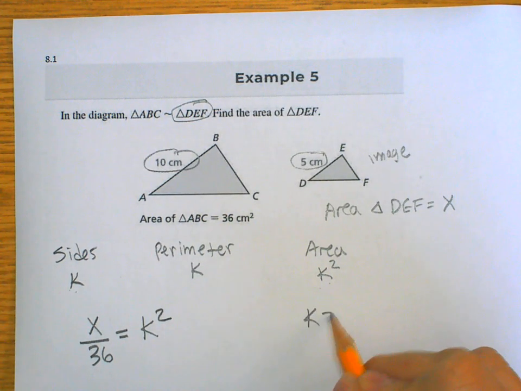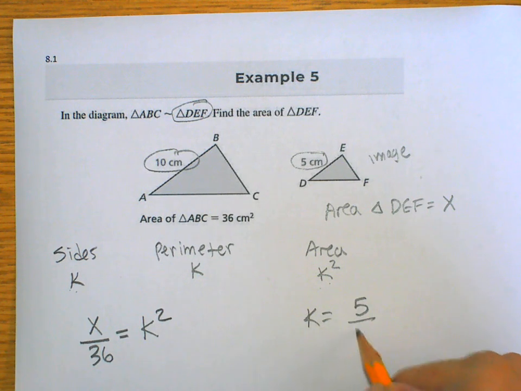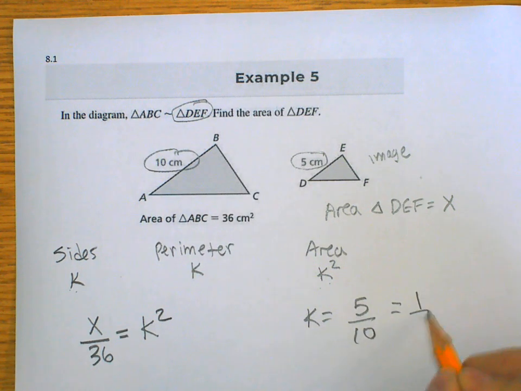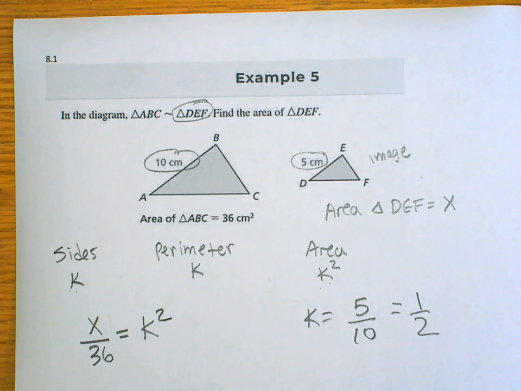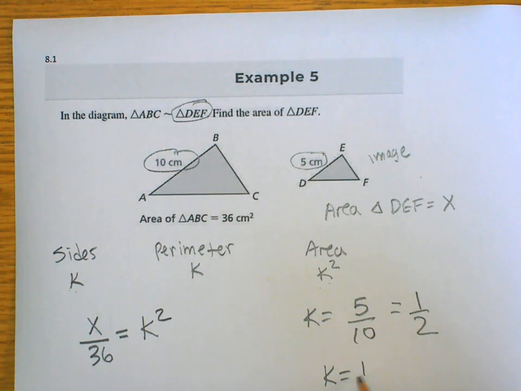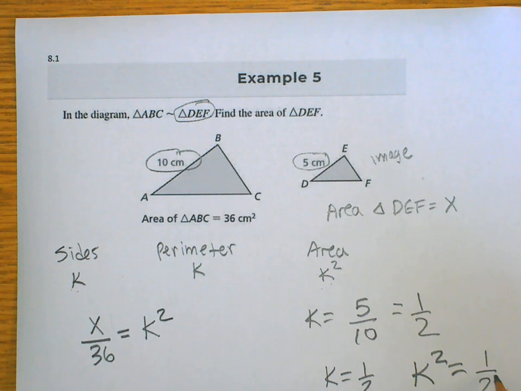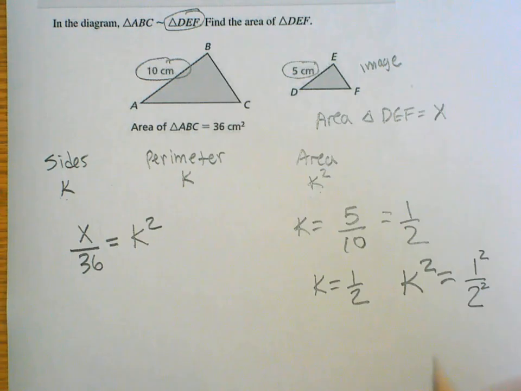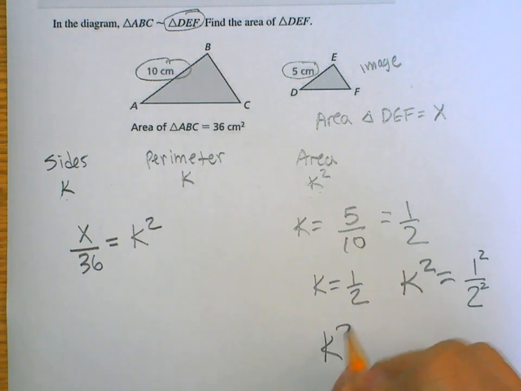So K is going to be 5 to 10, which reduces to 1/2. So now if K is 1/2, what is K squared? Well, that's going to be 1/2 quantity squared. You square the top, you square the bottom, and you get K squared equals 1 over 4.